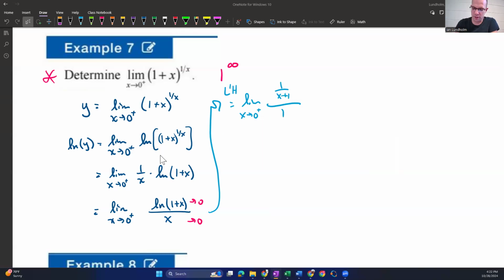The derivative of the bottom is just going to be 1. And so if we simplify this, limit as x goes to 0 from the right of 1 over x plus 1, we plug in 0 and we get the limit 1 over 1.